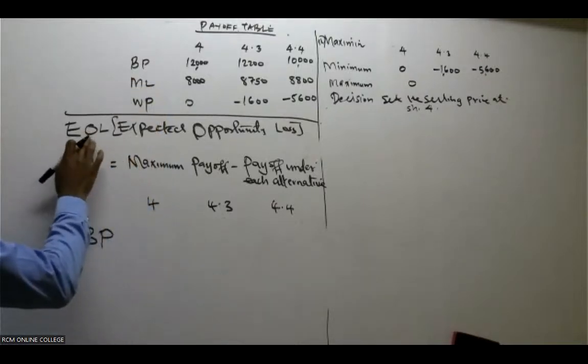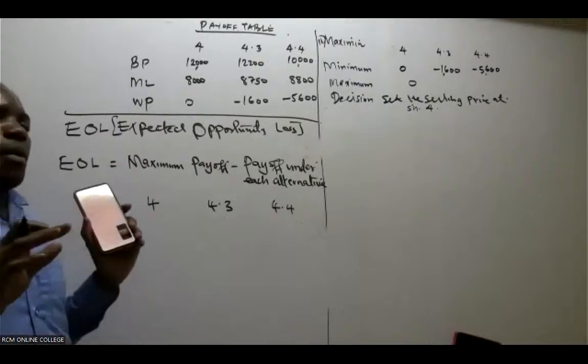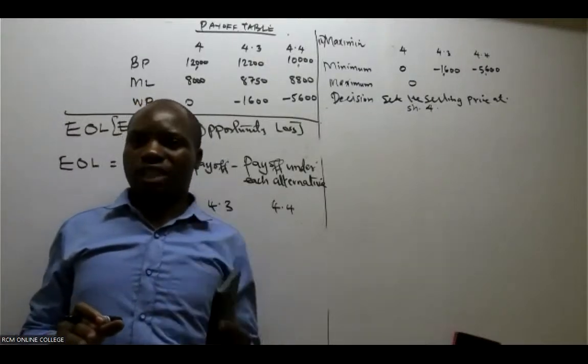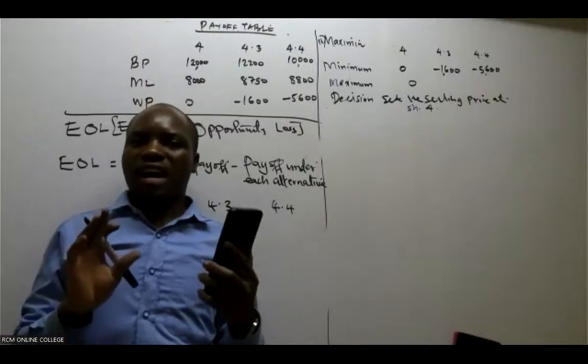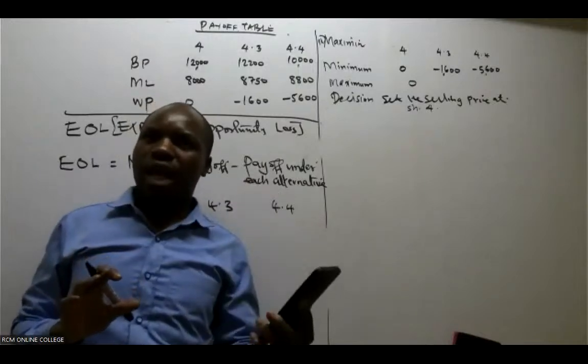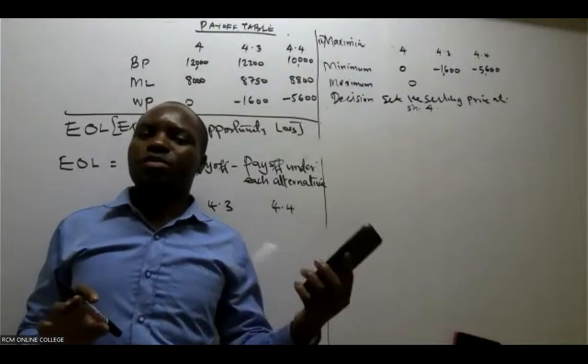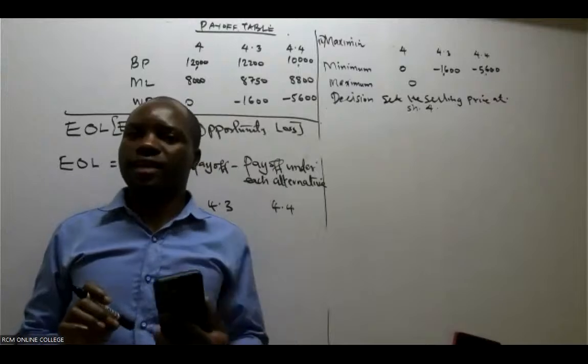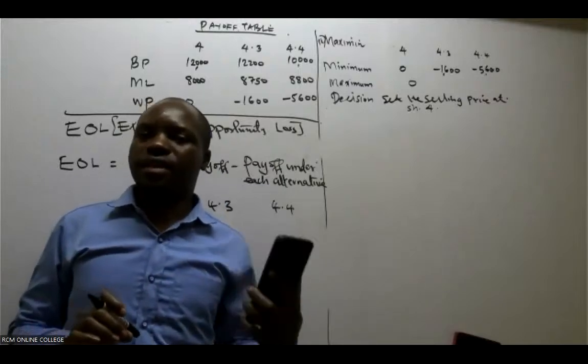Remember, opportunity loss is the value of the next foregone alternative. If you have to select between 20 and 10, and you've selected 20 because it's the highest, the next best alternative which you could have selected is basically 10.